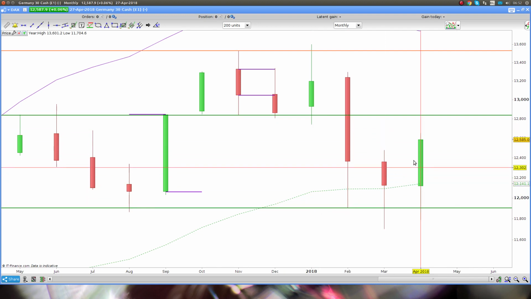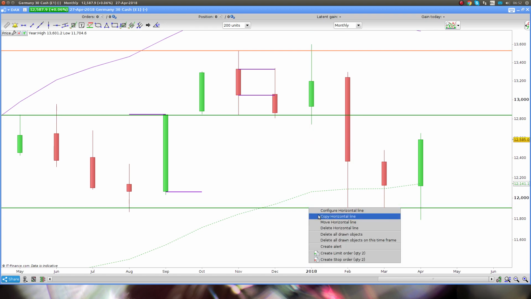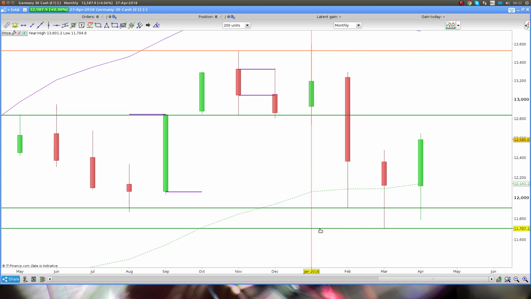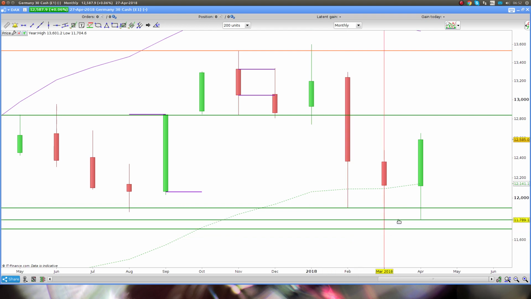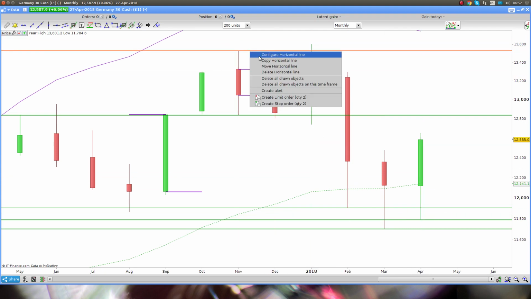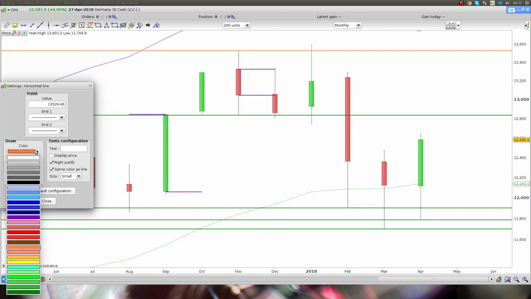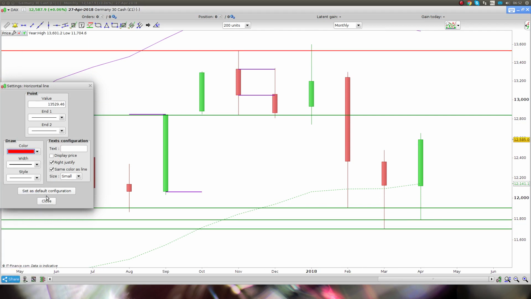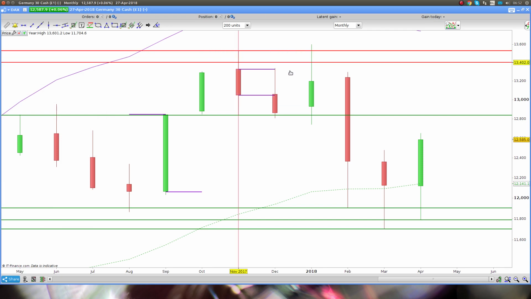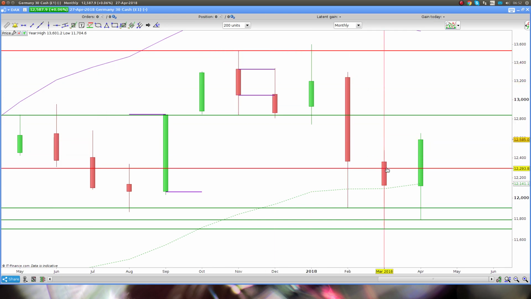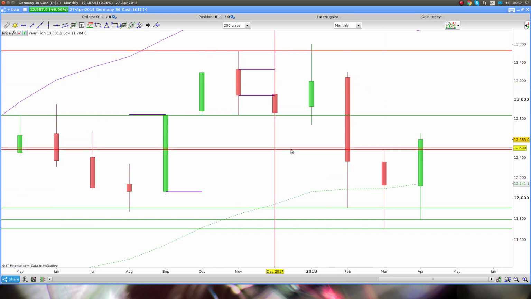Now I just want to work on these three bars here because I want to drill down to a lower time frame. So let's just put all the support in. There's support and there is support. Okay, the top bar is resistance. So let's just make it red. The top of this bar is resistance.